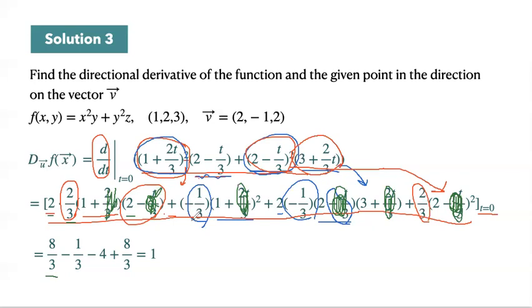And the second term is just -1/3. And here, 2 times -1/3 times 2 times 3. So here, 3 is divided by itself, and so we get -2 here.